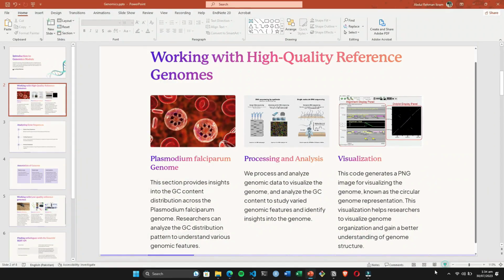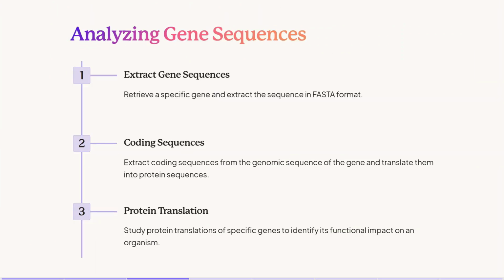After that, what can we look into? We can analyze the gene sequence. We can extract a gene sequence, retrieve a specific gene or specific sequence from your FASTA genome file, extract the coding sequence from the region of the sequence of the gene, and translate it into protein as well. Studying protein translation of a specific gene to identify its function is impactful on an organism.